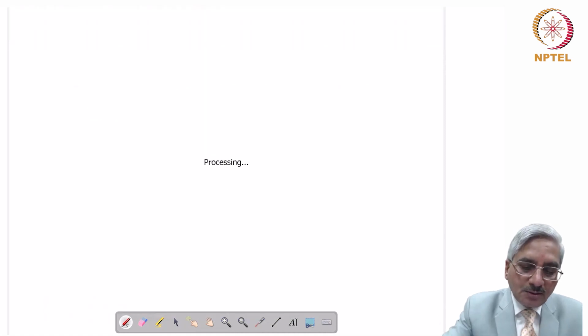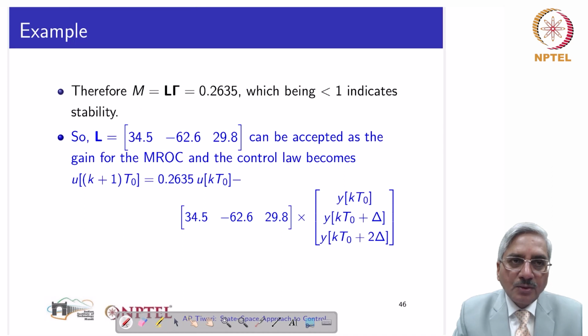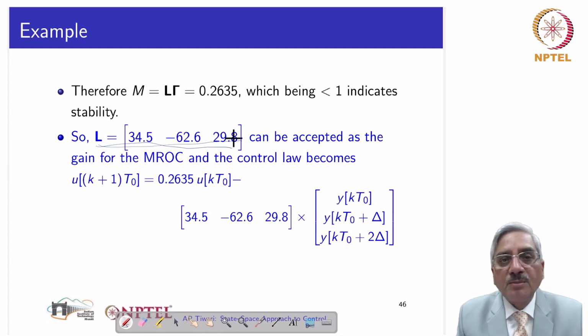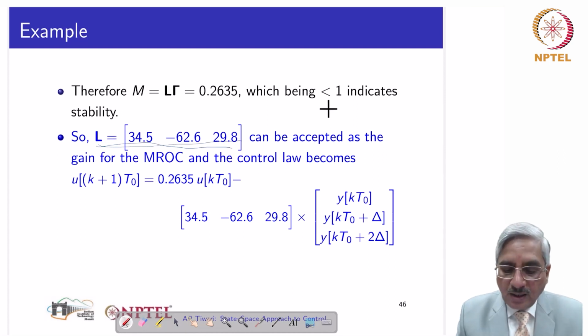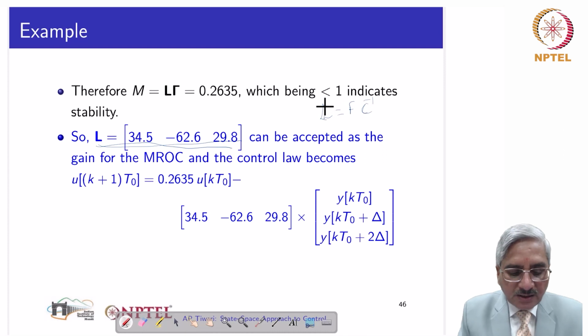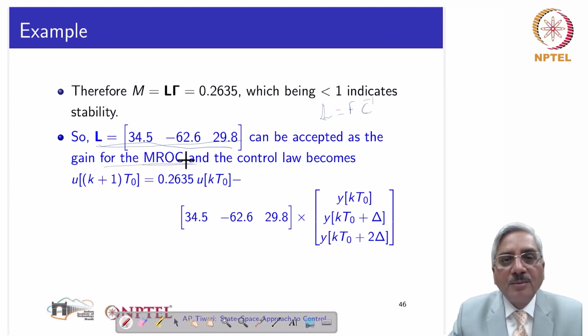So now, looking at all those results, we can now say that this L which was obtained by solving L equal to F C inverse, C is bold C, L is bold L, can be accepted as the gain of the multirate output controller.